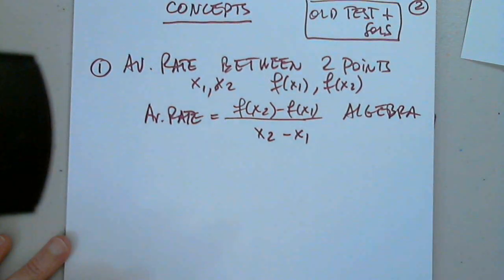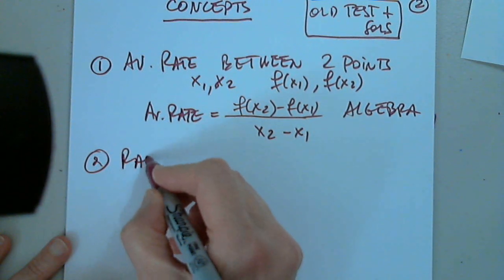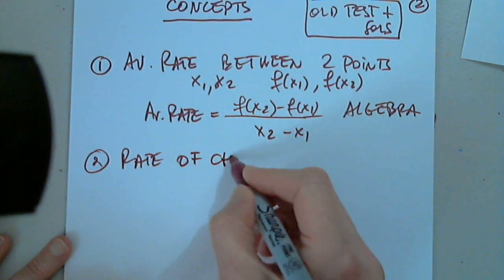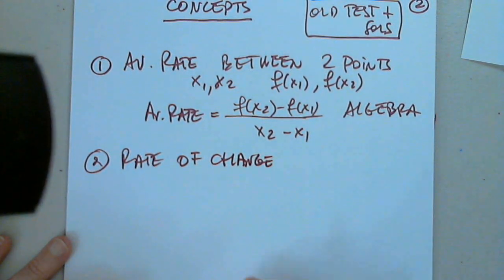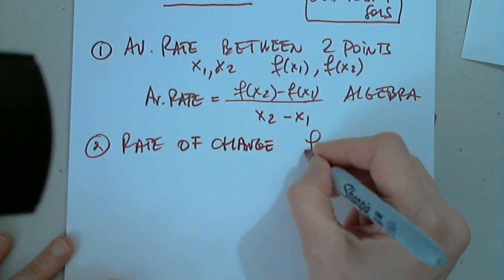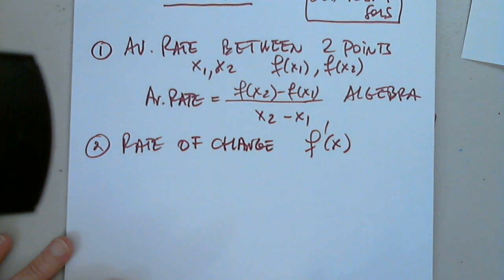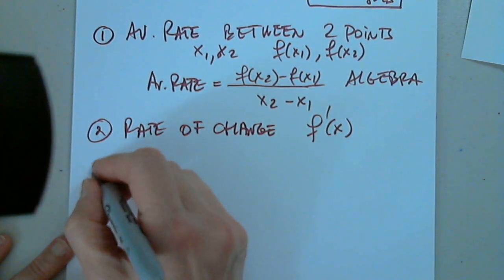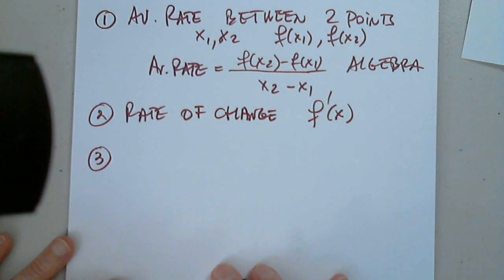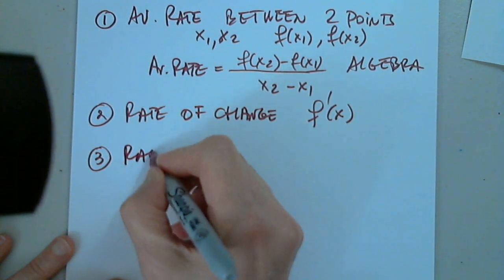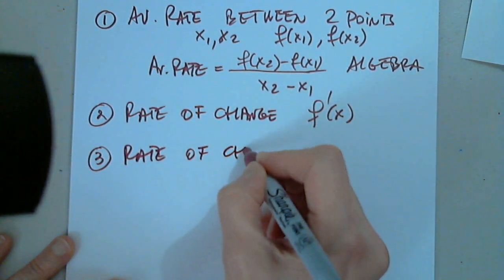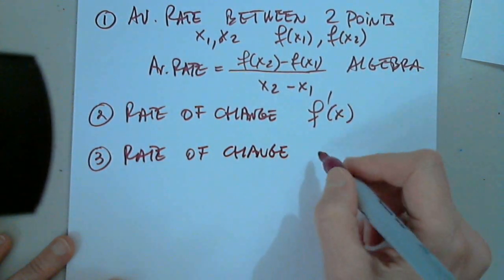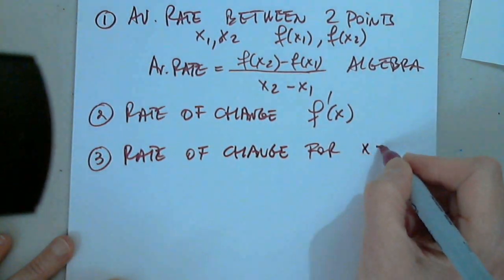Very important concept. Number 2, the rate of change. The rate of change is f prime. Now, number 3, a rate of change for x equals any number.